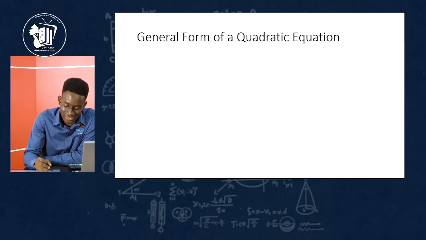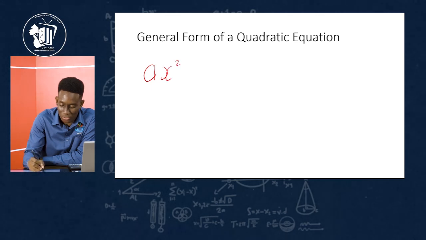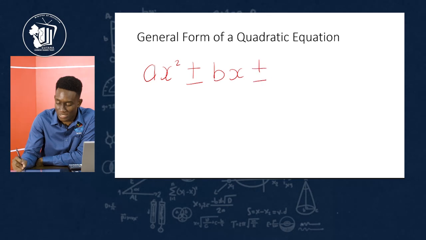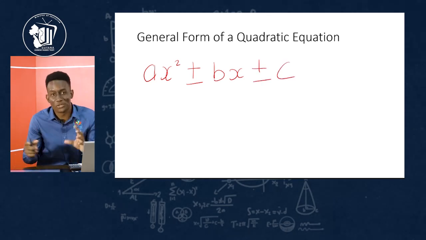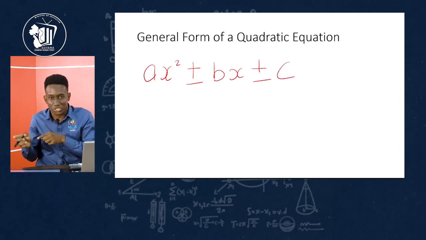So let's recap what we know about quadratic equations. We know the general form for a quadratic expression is ax squared plus or minus bx plus or minus c. And this is the general form for a quadratic expression.